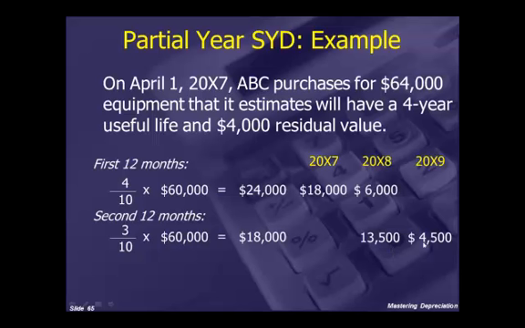And then that means we have 3/12, 1/4, or the remainder, if you want to look at it that way, of 4,500, because these two add up. The third 12 months, you're down to 2/10 times 60,000 equals 12,000, and you've got to do the same. You've got to pick up the 9/12 or the 3/4.